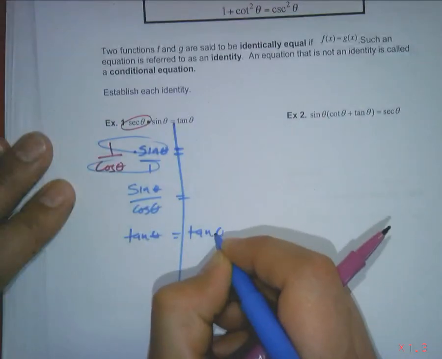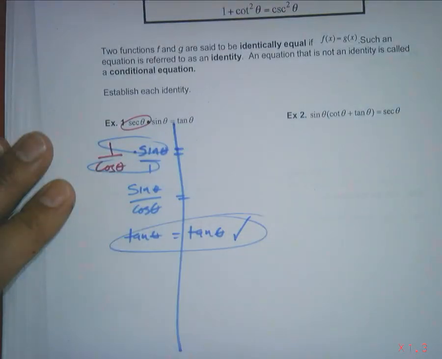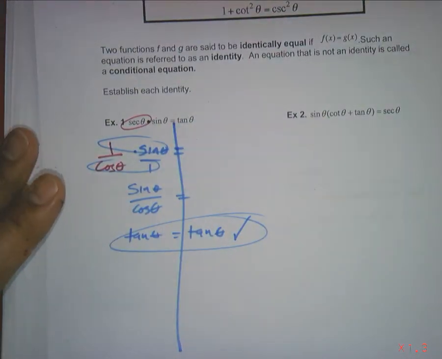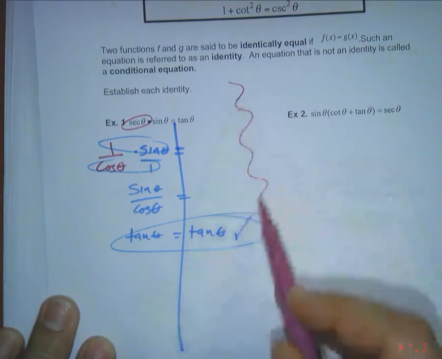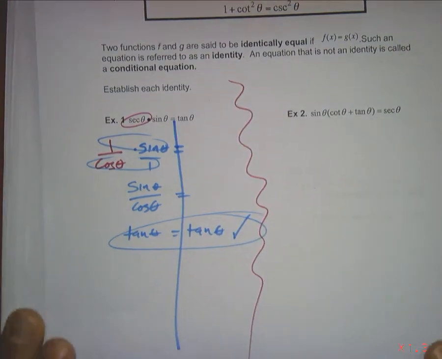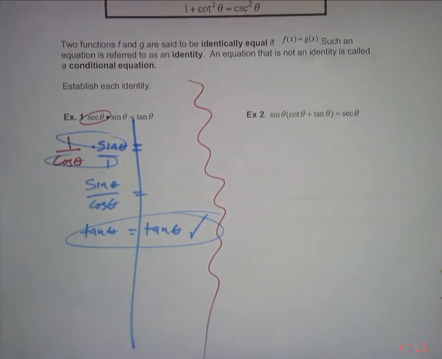We just established the identity. Worked out. I got the left side to look like the right side. All right, all right. Do we have any questions there? It's not so bad. Let me make this a little bigger so we can see it here in class.